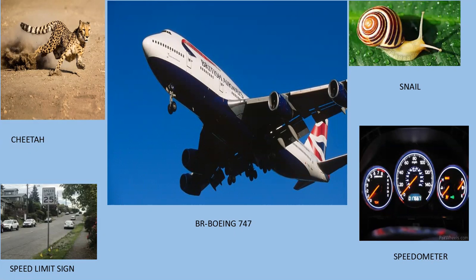Now, some other information is here. The earth goes around the sun at about 30,000 meters per second.